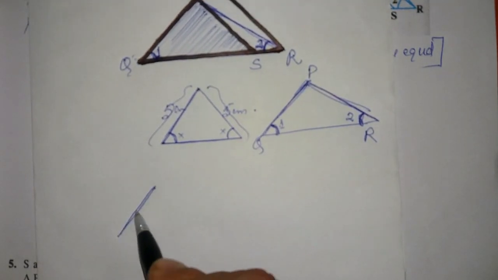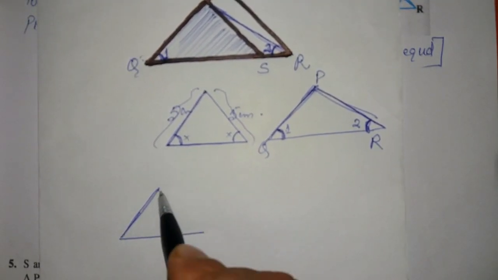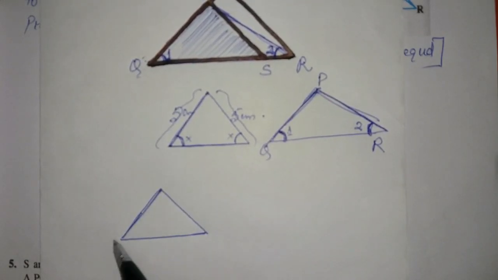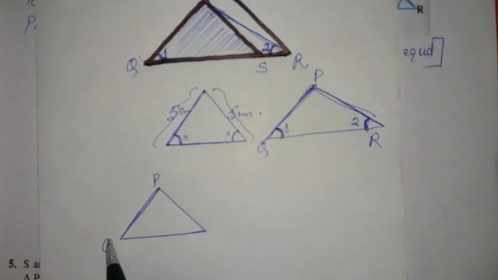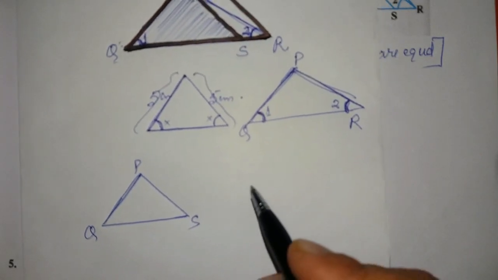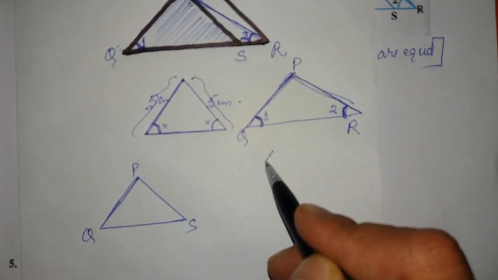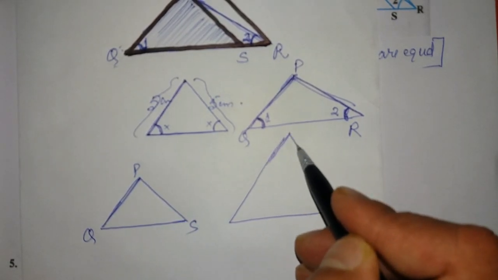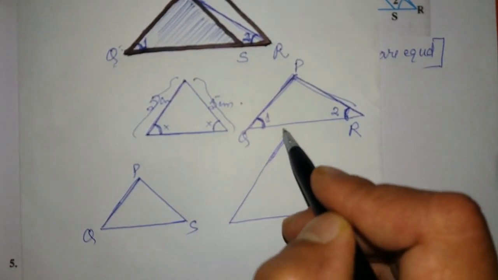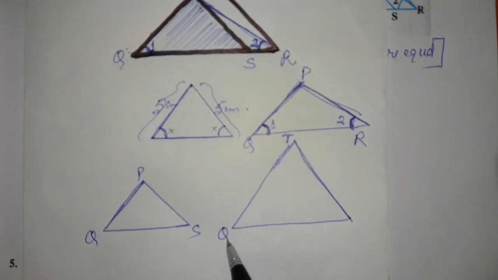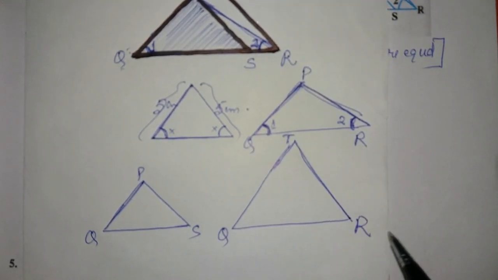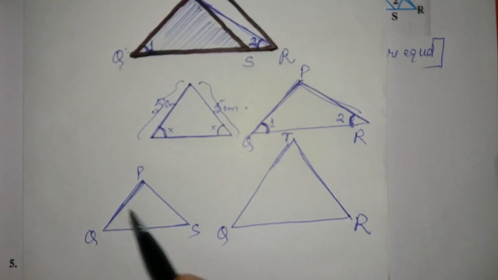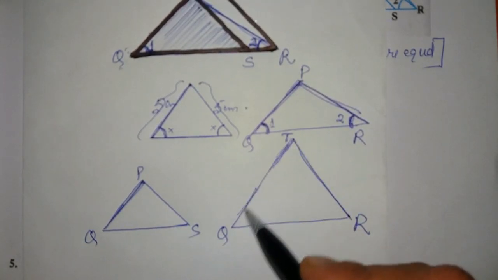This is PQS, and the big one I will draw here. This is TQR. So this is the small one and this is the big one.